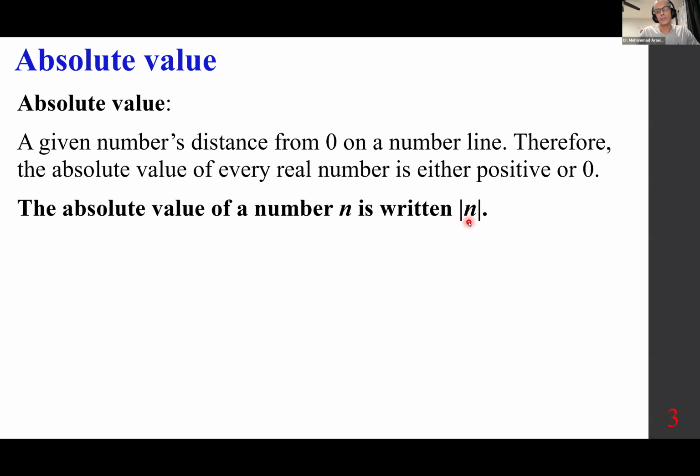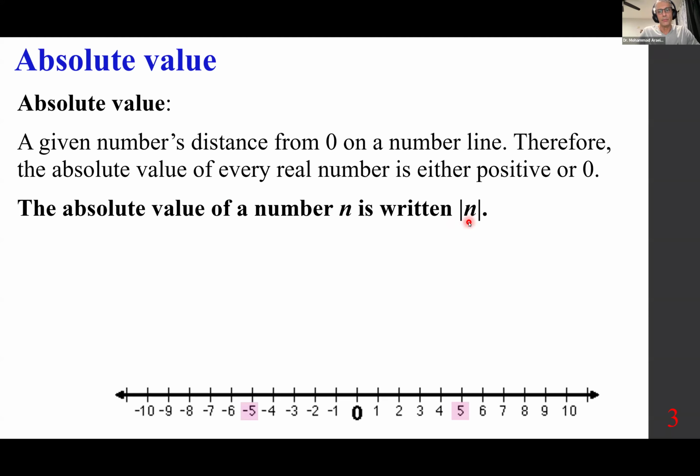We use the absolute value sign, a line segment. For example, if we are looking at number 5 and -5, they have the same distance from 0. Therefore, absolute value of 5 and absolute value of -5 are identical. They are both equal to 5.